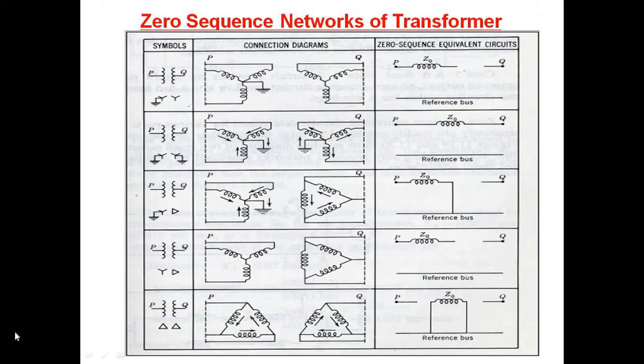Zero sequence networks of transformer. First one is the symbol, that means star to star, and the zero sequence circuit.